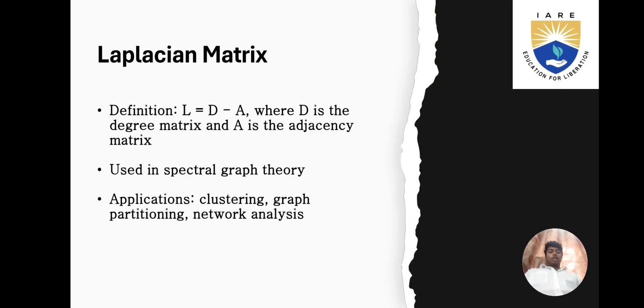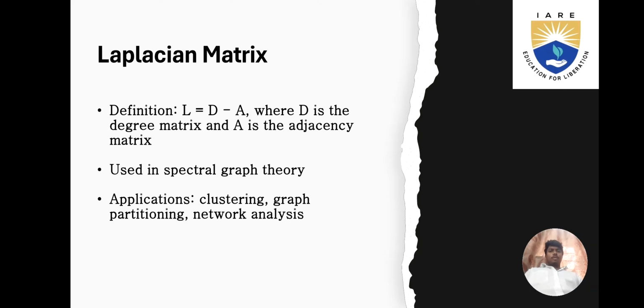The next matrix we are talking about is the Laplacian matrix. The definition is L equals D minus A, where D is the degree matrix and A is the adjacency matrix. It is used in spectral graph theory. Applications are clustering, graph partitioning, and network analysis.